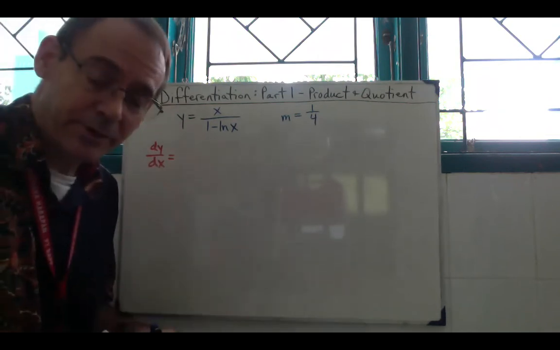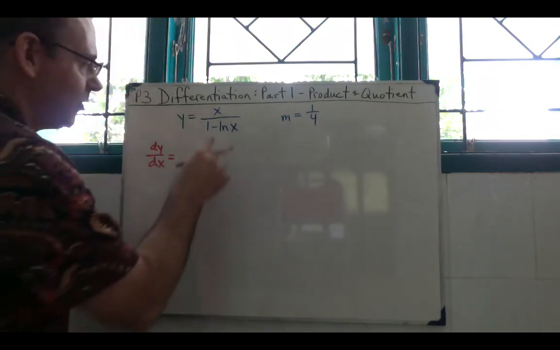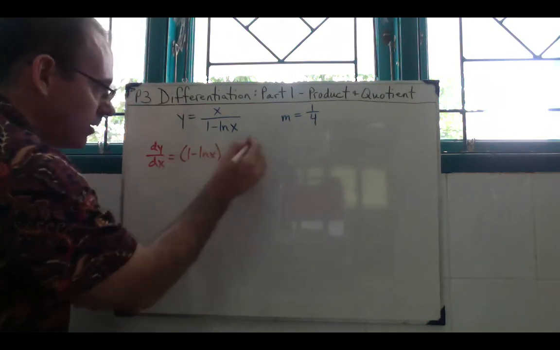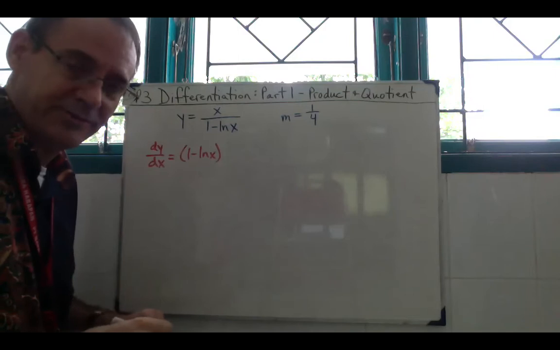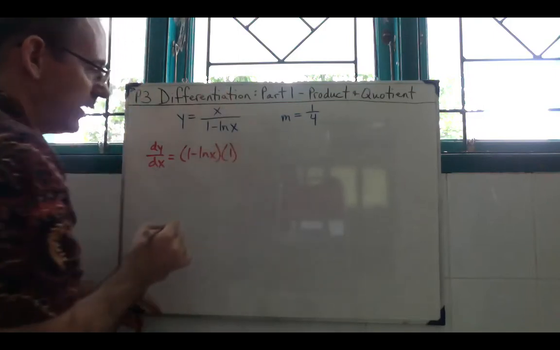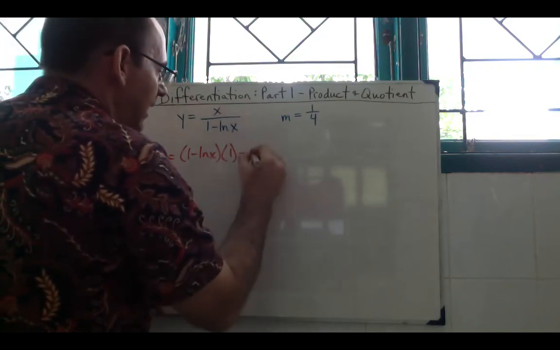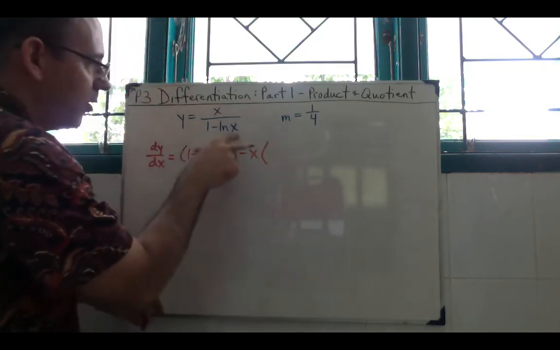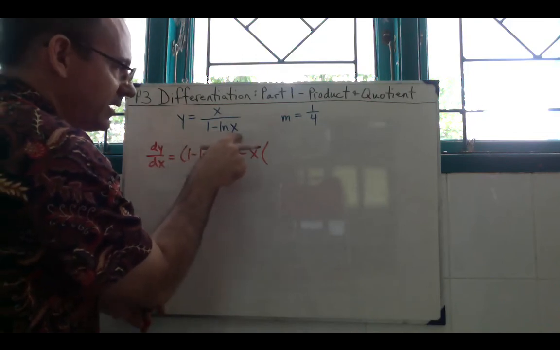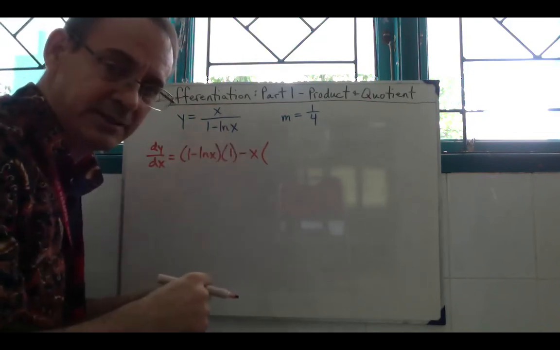Now we need to remember our quotient rule. So low, that's all of what's below the division bar, d high, and the derivative of x is just 1, minus high d low. Well, the derivative of 1 is 0, and the derivative of ln x, remember, is 1/x.